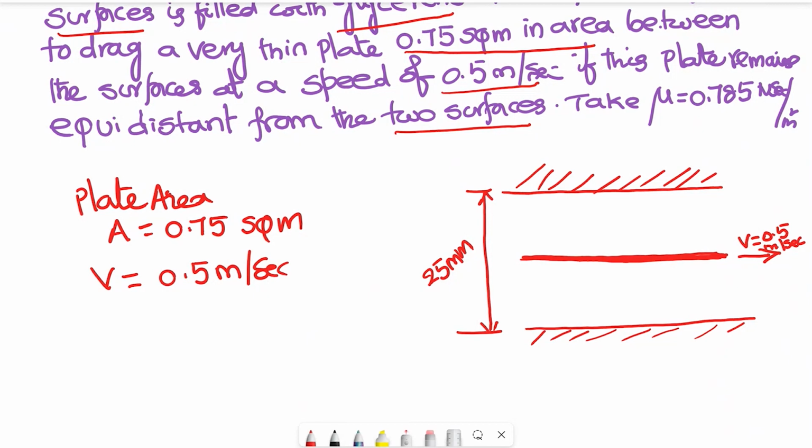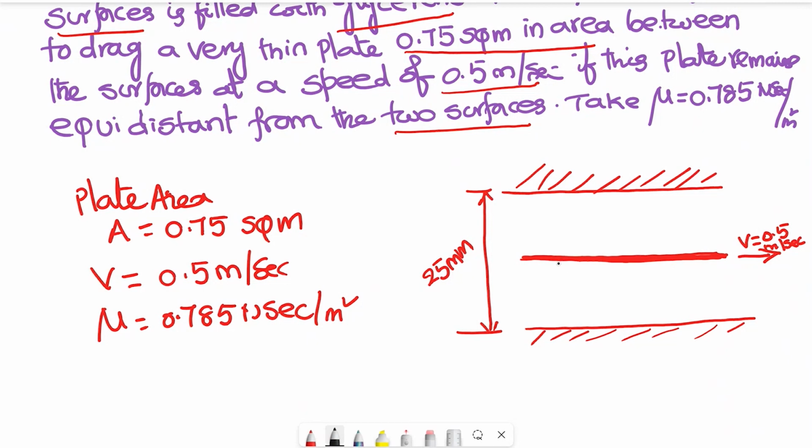Right. Next, what is it asking? Mu he has given, 0.785 Newton second per meter square. So this is also straight, no conversions, nothing here. What more has he given? Absolutely no problem.